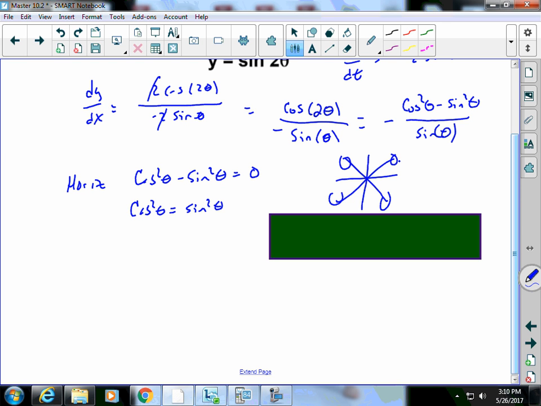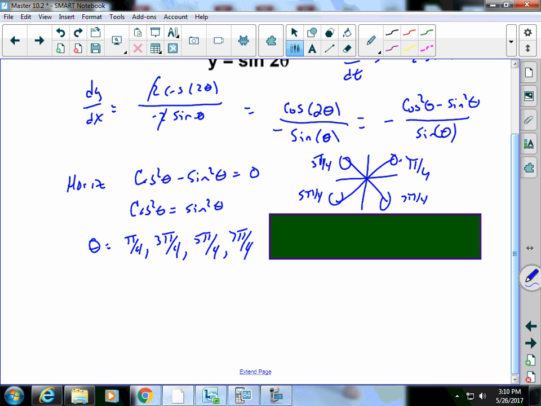They're both positive here at pi over 4. One's positive, one's negative, but when I square it, they're the same. They're both negative here at 5 pi over 4. But that's okay, because when I square it, they're going to be the same anyway. And at 7 pi over 4, one's positive, one's negative, but I'm squaring them. So my theta is pi over 4, 3 pi over 4, 5 pi over 4, 7 pi over 4.